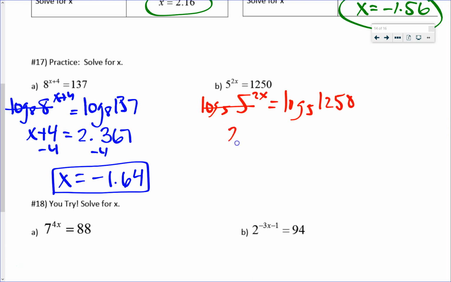We're left with 2x. My other side, log 5 of 1250. Again, change of base tells me to do log of 1250 divided by log of 5. What does that give us? 4.43? Yes?